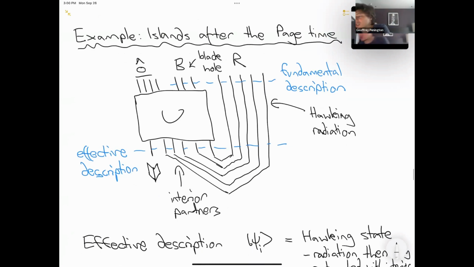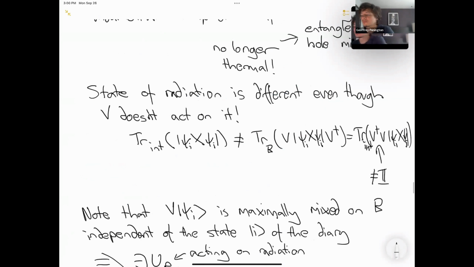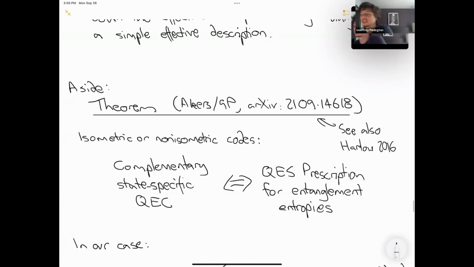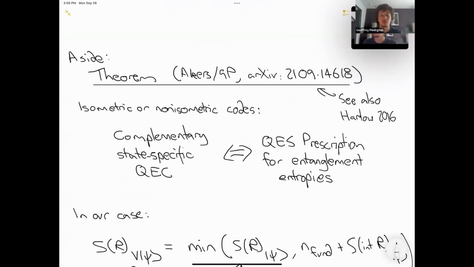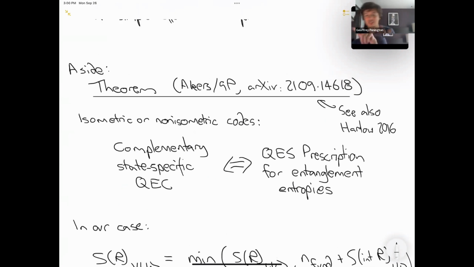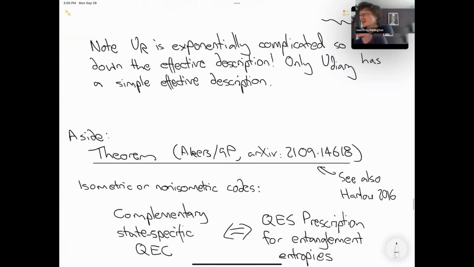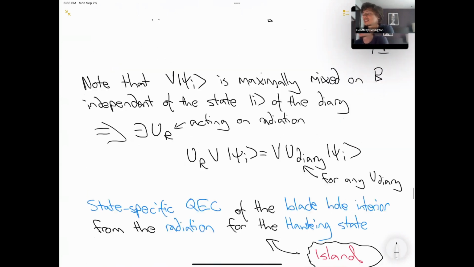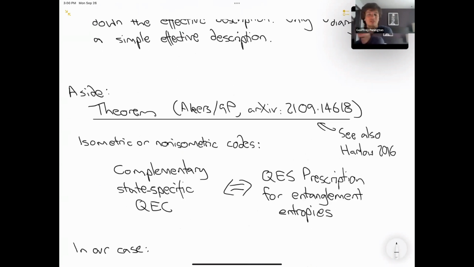The more general story is the theorem I was referencing here, which is a much more general, more powerful statement. It says that any time you have this sort of complementary state-specific reconstruction, there's a certain definition of area that we give in that paper with Chris.